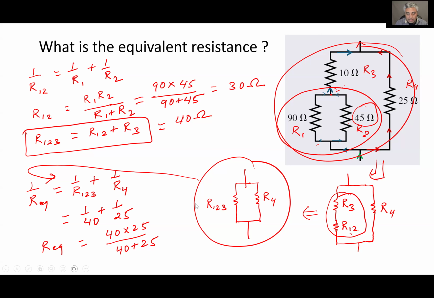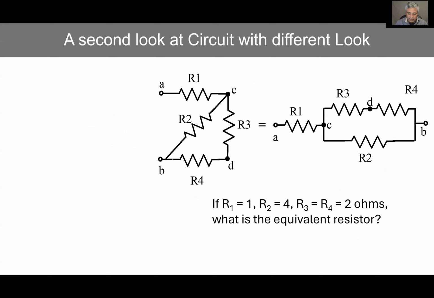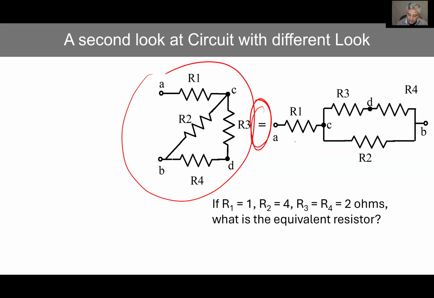Okay, so sometimes what may happen is that we may see something like this. See here? By just looking at it, it's hard to tell which one is in series and which one is in parallel and so on, right? So in that case, if we redraw that, I'm writing an equal sign.